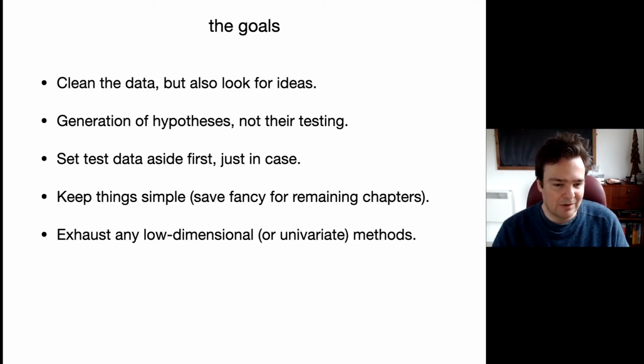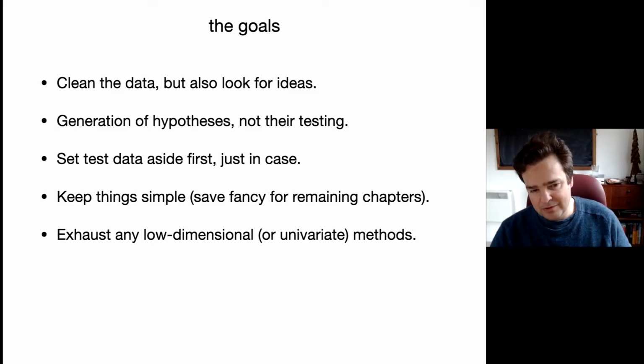A scatter plot, for example, is a two-dimensional method: one axis is one variate and the other axis is the other variate. But there are other more interesting but still not overly elaborate methods in a small number of dimensions. You want to try out those kinds of tools. Usually using something that makes use of all the dimensions at once is not such a great idea.